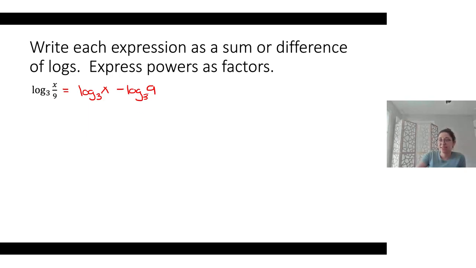In this case, 9 is 3 squared, so I could also rewrite log base 3 of 9 as just 2. So this would be log base 3 of x minus 2. That would be fully expanded and simplified as much as possible.